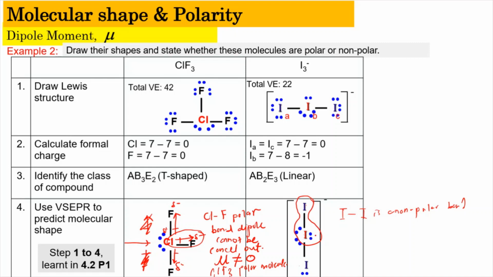So basically, they are non-polar bonds. And as a result, the mu here is equal to 0, and hence it is a non-polar molecule. There is no bond dipole at all, so mu is equal to 0, and hence it is a non-polar molecule.